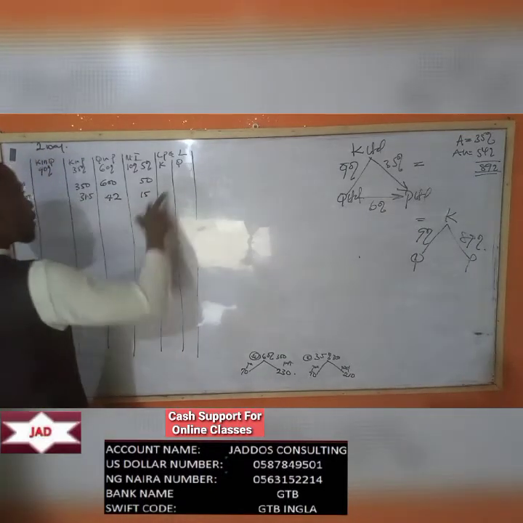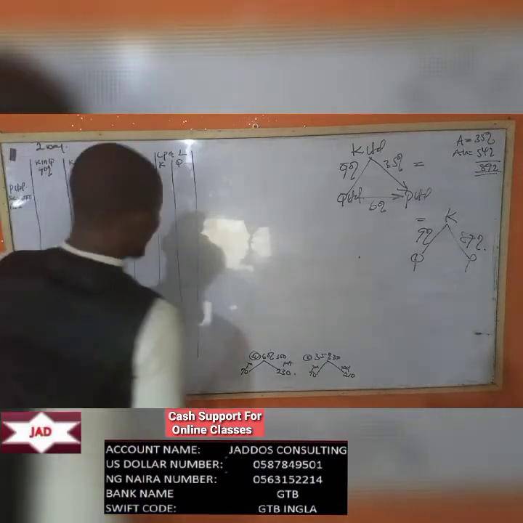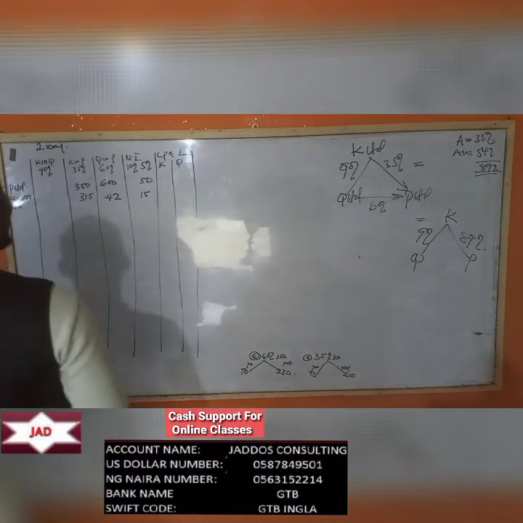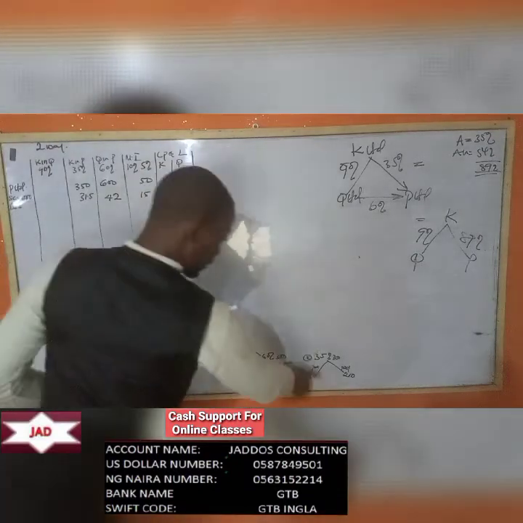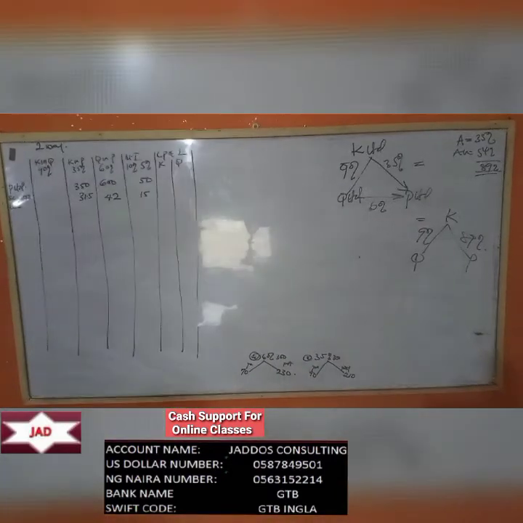So what is the CPL for K and for Q? Of course, K has 35%. So that will be 0.35 times 210.